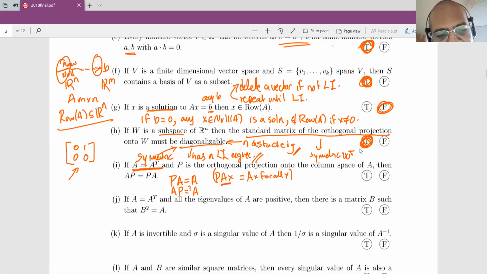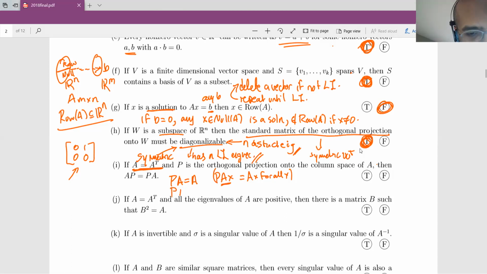You can have matrices that have eigenvalues 1 and 0 and multiply them by other matrices and they still mess things up. Can we take advantage of the fact that A is symmetric and P also has to be symmetric? Yeah, exactly. How would you take advantage of that? We can plug in A transpose equals A in PA, and then take the transpose of that, which would give us AP, and that should still equal A. Nice.